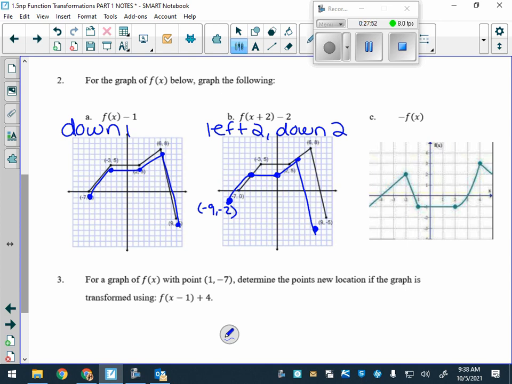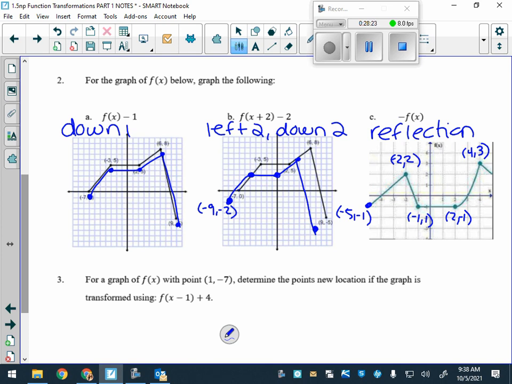What transformation's happening? Brian? It's a reflection. Awesome. And I'm going to give you guys these points because the graph is kind of hard to see. Okay. This is -5, -1. -2, 2. Okay. So reflection over the x.